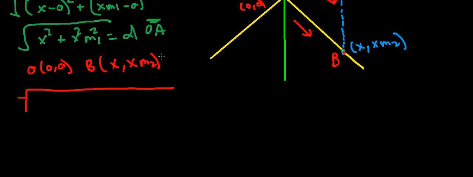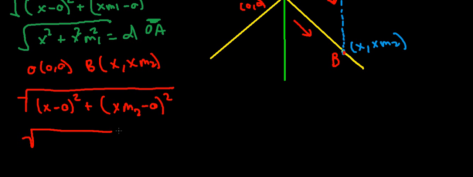So we have x2, which is 0, minus x1, which is 0, squared, plus xM2 minus 0 squared. Again we get the square root of x squared plus x squared M2 squared, which is the distance between OB.